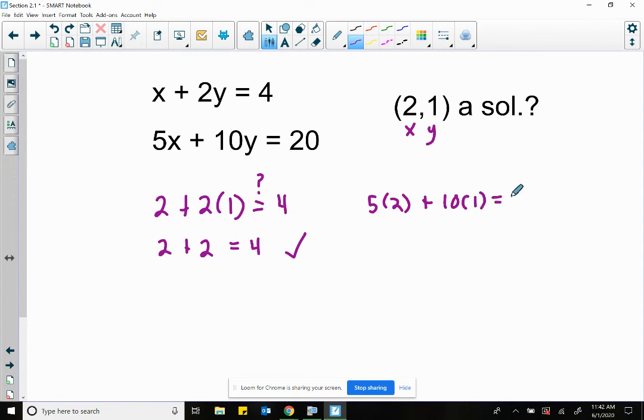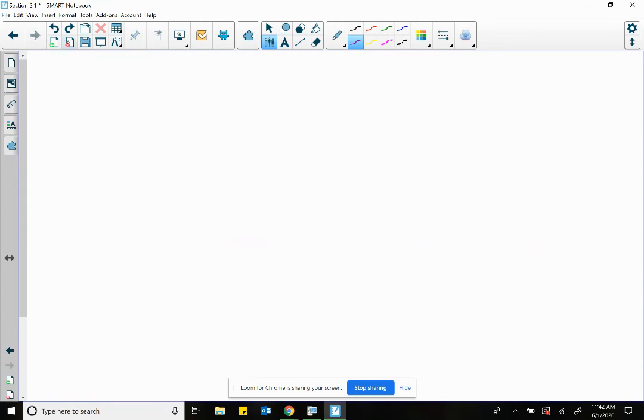Is that 20? Well, 5 times 2 is 10. 10 times 1 is 10. Does 10 plus 10 equal 20? Yes, indeed. So is that a solution? Yes. Because do you see how it is true for both equations? 2, 1 gave me 4, and 2, 1 gave me 20. So it is a solution. There you go. And if I remember right, yep, that's it.